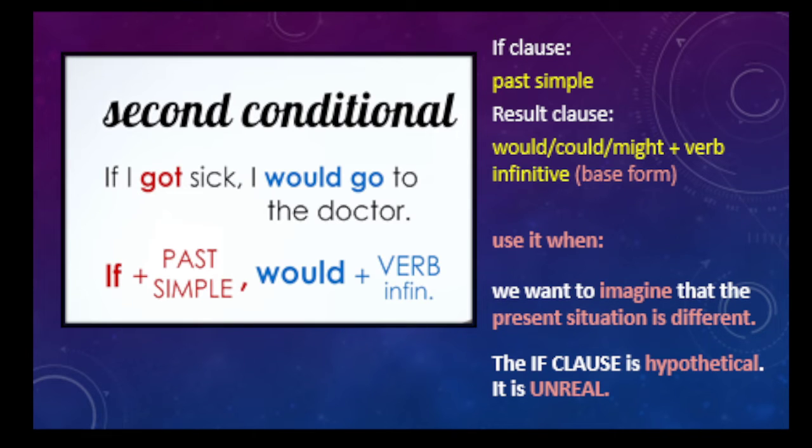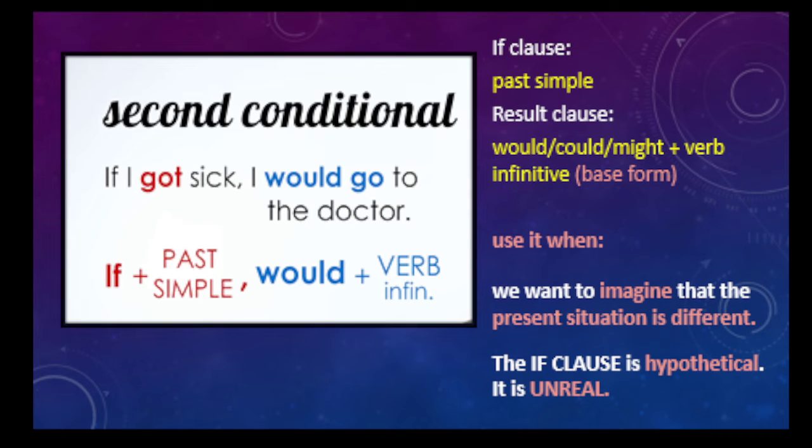Okay? So, ibang-iba yung second conditional dun sa first conditional. Dahil sa if clause pa lang, iba na yung verb na ginamit. A while ago, in the first conditional, we use the simple present tense, which is the base form. Ito naman, ano ba yung past tense ng get? Got, diba? So, you use the simple past tense of the verb.